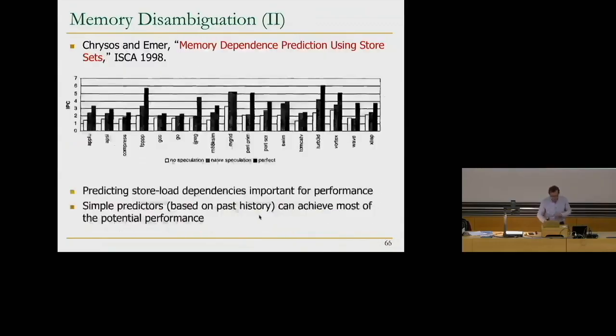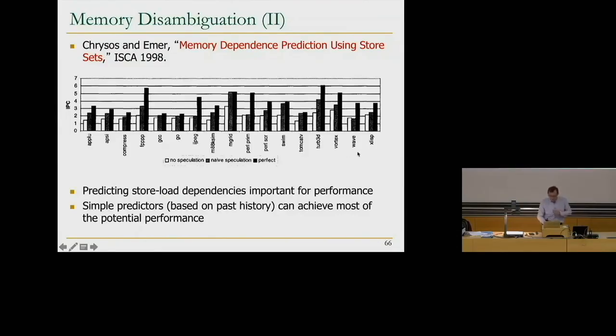Very quickly, this shows the conservative approach, no speculation, the aggressive approach, and the perfect approach. Performance is on the y-axis, instructions per cycle. These are workloads that people used in the 1990s. Some of them are interesting, like the Go benchmark, which plays Go. GCC is a compiler, and there is compression. Some of these are actually still used.